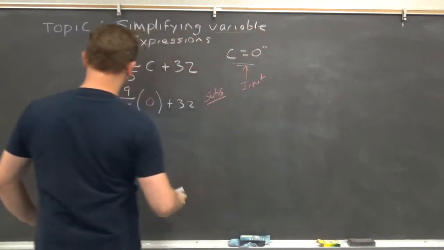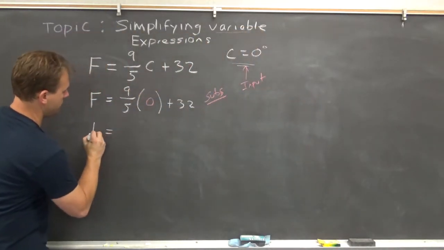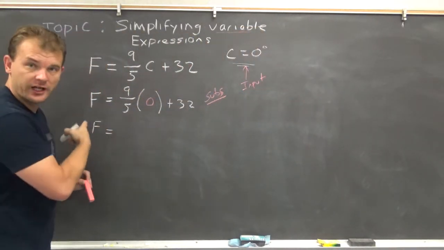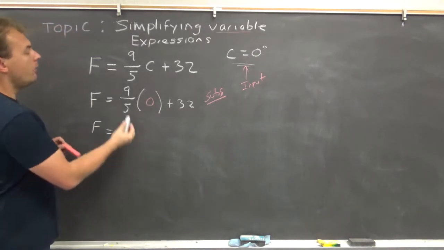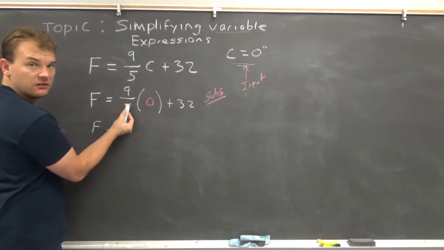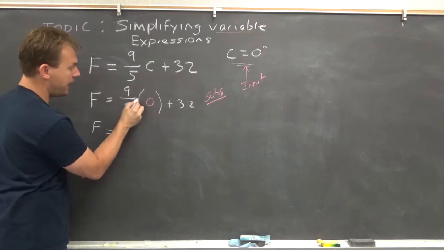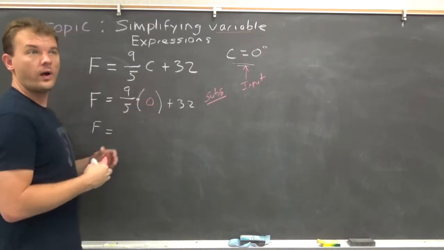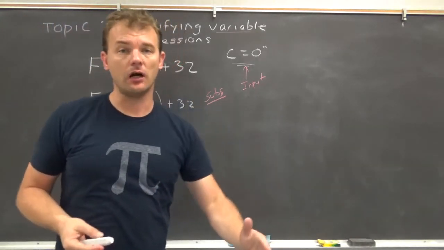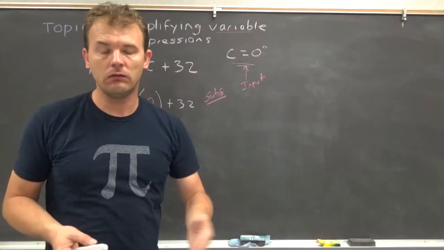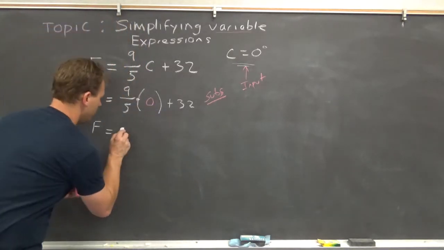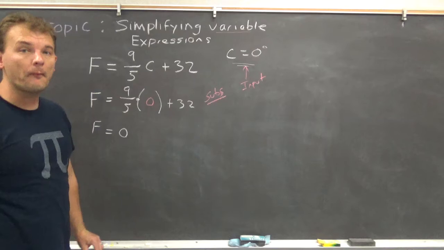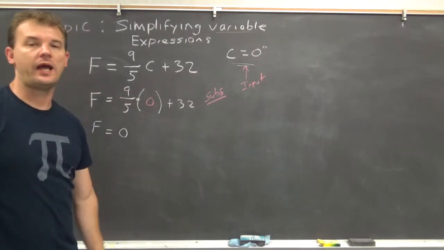So you're going to put F because you're trying to find F. What is 9/5 times 0? Well, anything times 0 is 0. But what else do you have there?